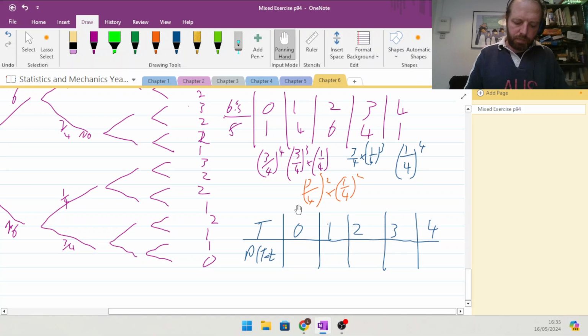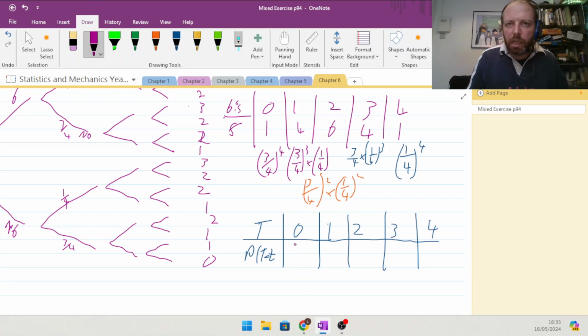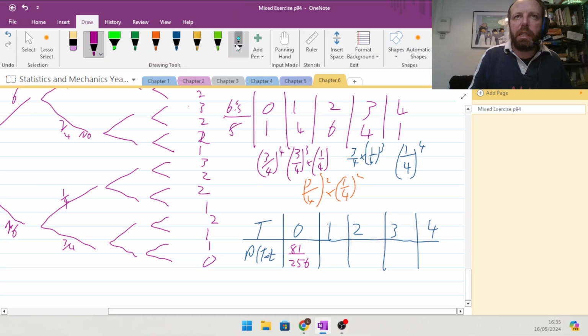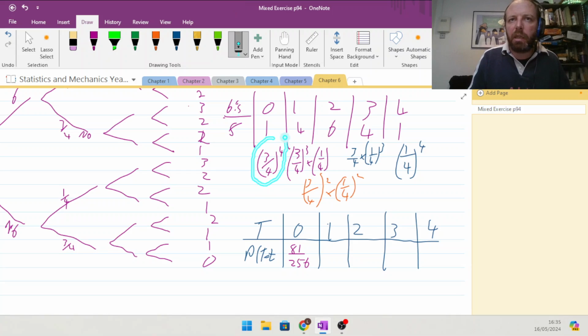So 3 quarters to the power 4 is 81 over 256. 81 over 256, and that is that calculation.